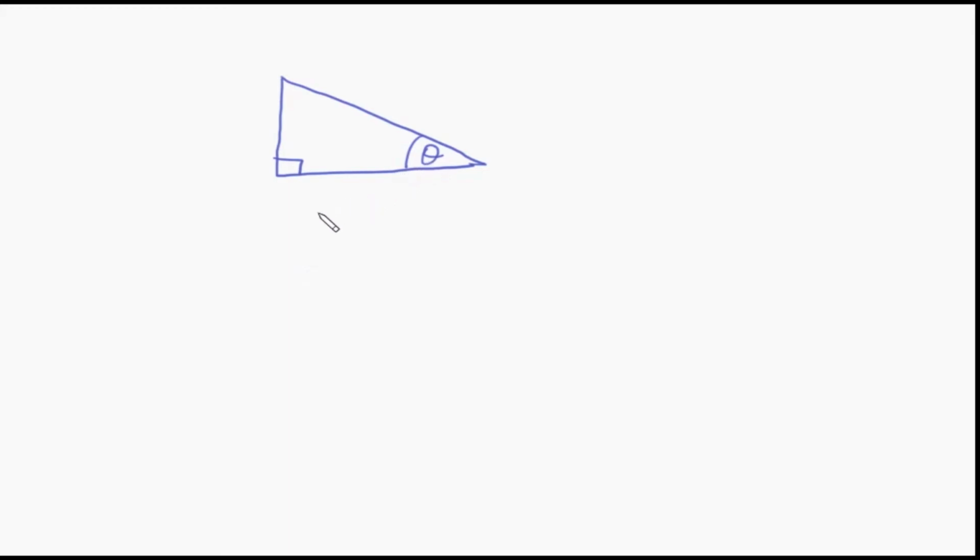Now let's focus on the three sides. These three sides have mathematical names. I will start with the side that is opposite to this angle, 90 degrees. The side opposite to 90 degrees is this side. This side is called hypotenuse.